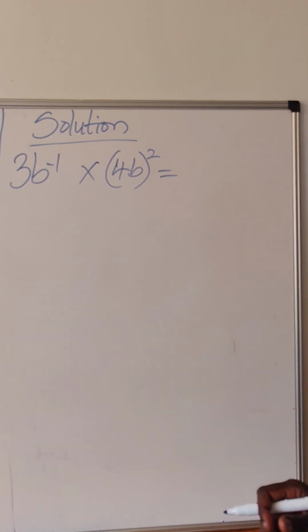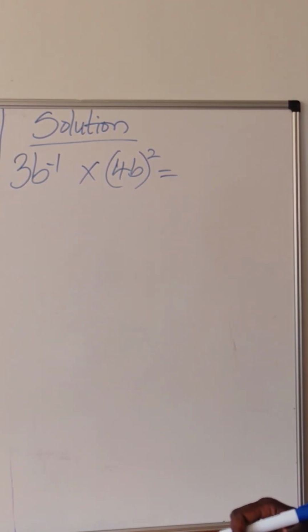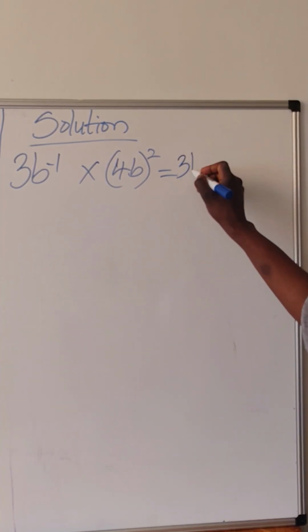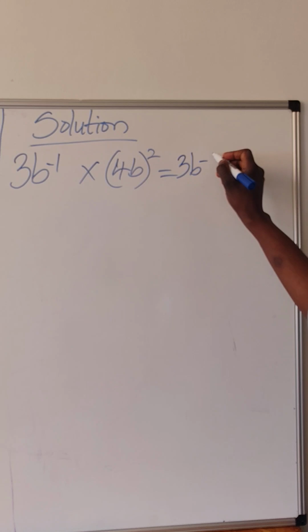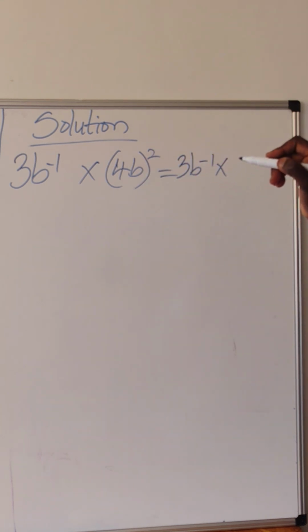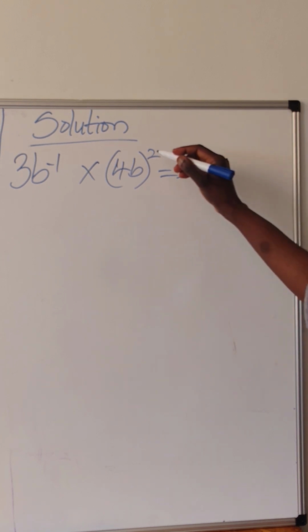Okay, for the fourth question, which is the last question in this video, viewers, we have 3b raised to power minus 1 multiplied by (4b) raised to power 2, which means everything in the bracket is affected by the 2 we have up here.